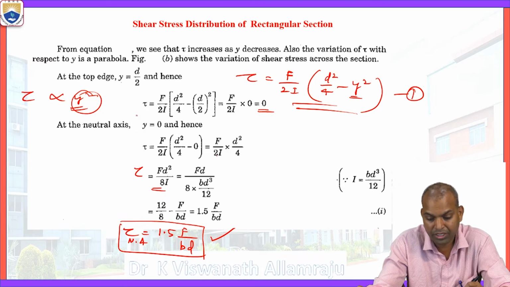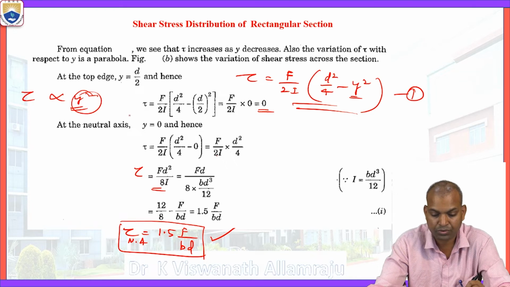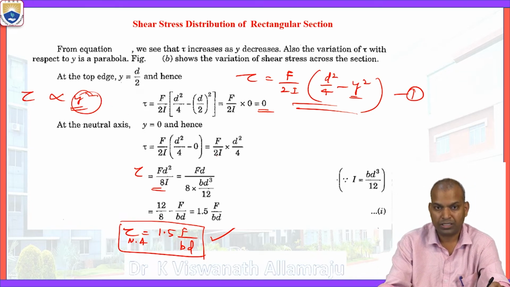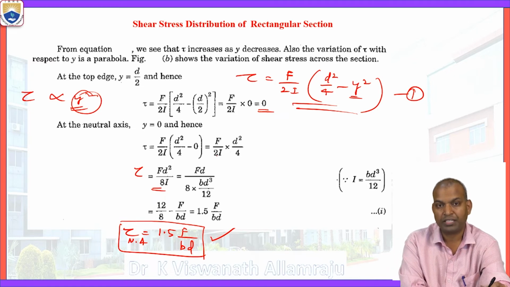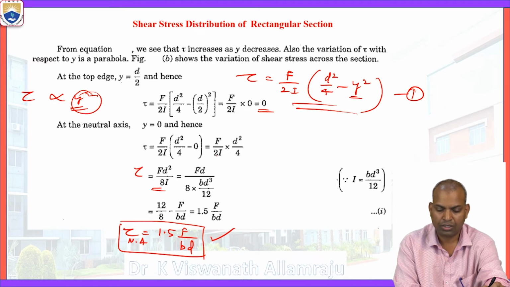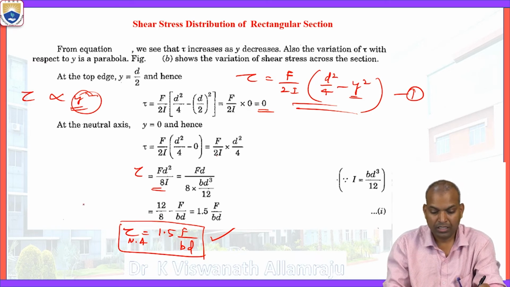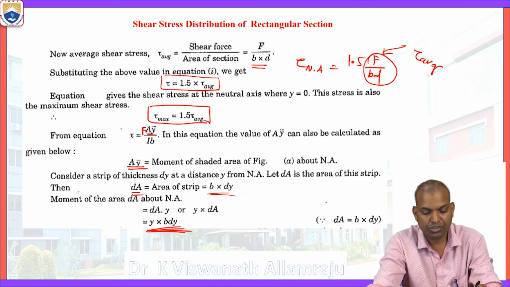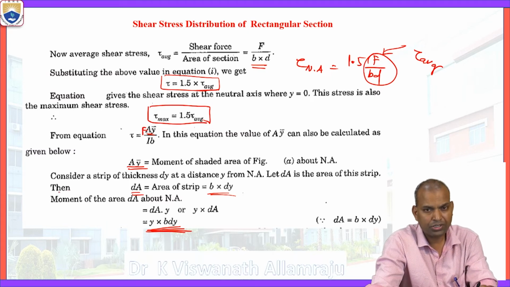When y equals d by 2, the shear stress becomes 0. When y equals 0, at the neutral axis, the shear stress becomes maximum. That's why the maximum shear stress is observed at the neutral axis and the minimum at the top and bottom edges. After calculating, tau max equals 1.5 times tau average, where average shear stress equals F by bd.